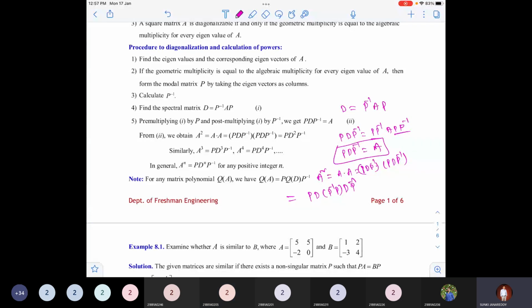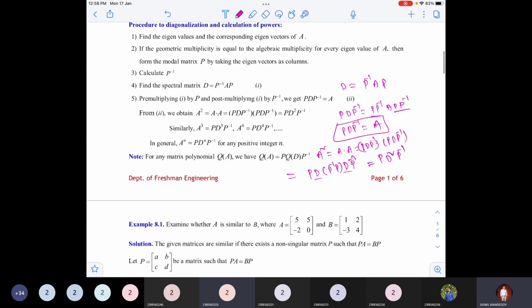Can we write like this? Yes or no? Yes, sir. Now P inverse into P is equal to I, and I into D means D only. So D into D, D square, you can get in the middle: P into D square into P inverse. Here it is the A square value.